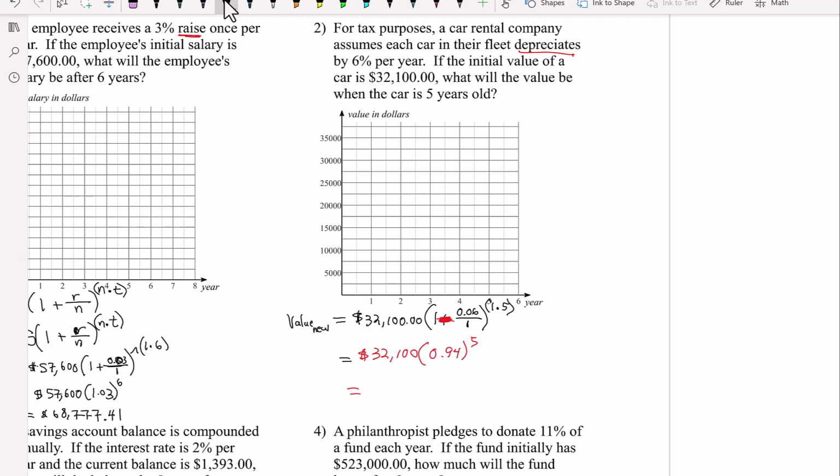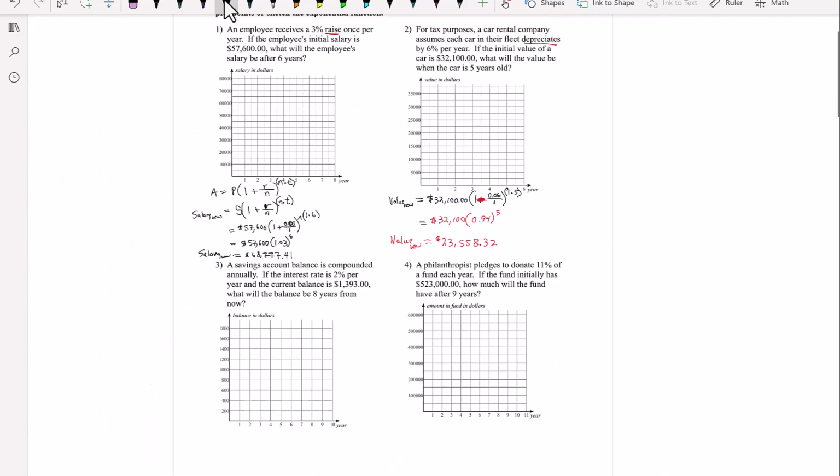So now what you should have is $23,558.32. In the real world, probably not going to happen unless you have something very unique or special about your car. It's typically going to be lower than that. But that's just an example of how to set it up.